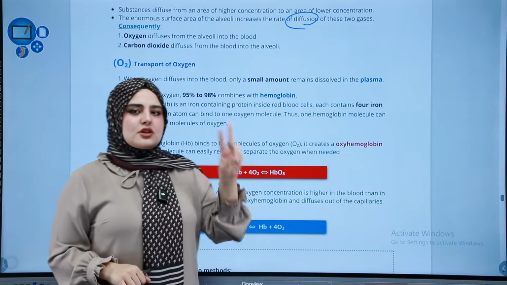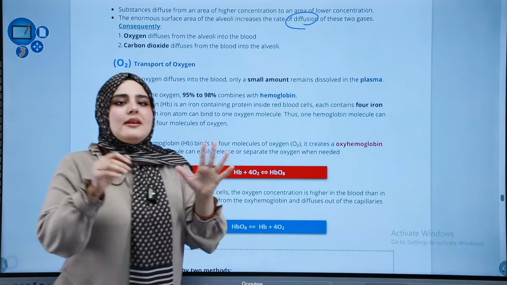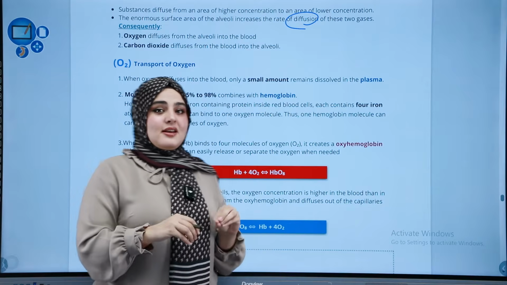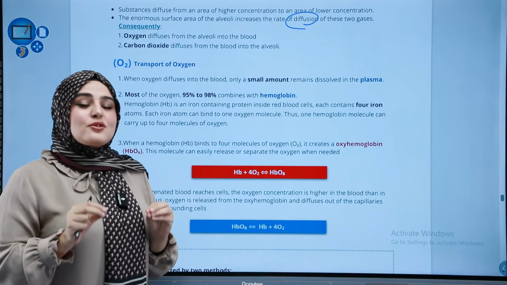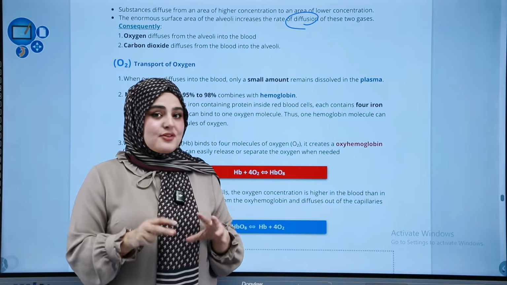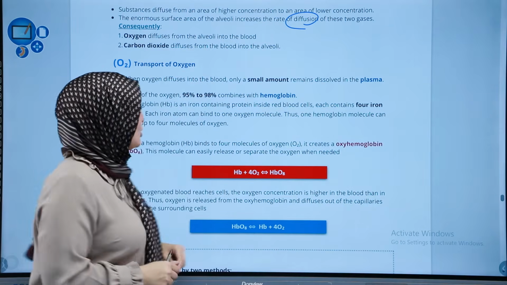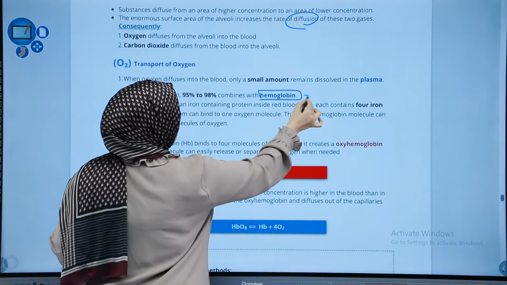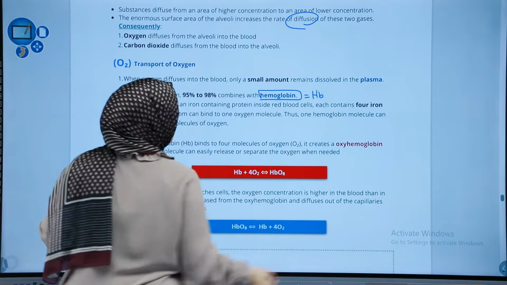Now oxygen is transported in two ways. Mainly, we talked about this so many times that you should remember it. It's going to be transported by red blood cells because red blood cells have a certain type of protein called hemoglobin, also known as Hb.